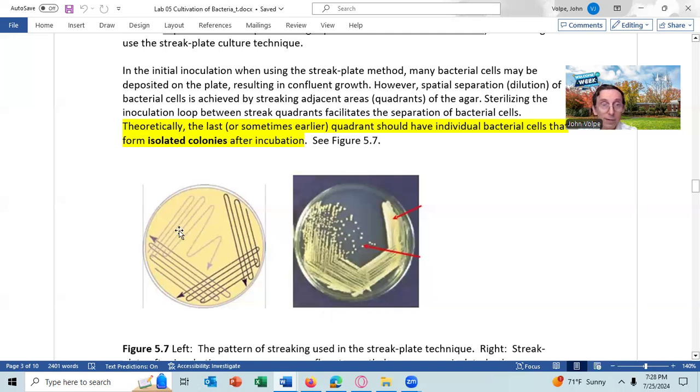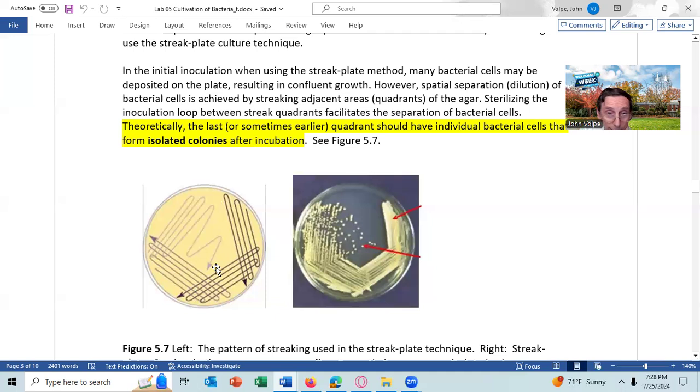And actually, this one is much better. It's showing that they got the sector 4 bacteria from streaking on sector 3 where the bacteria is diluted. It doesn't show it where the bacteria is highly concentrated right here. And then streak it out to get sector 4.